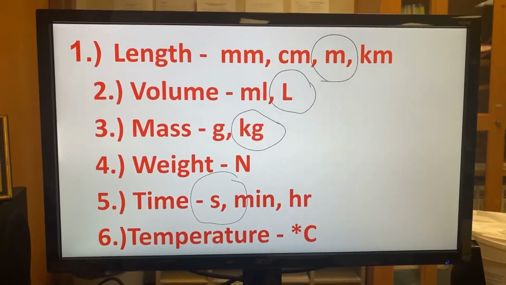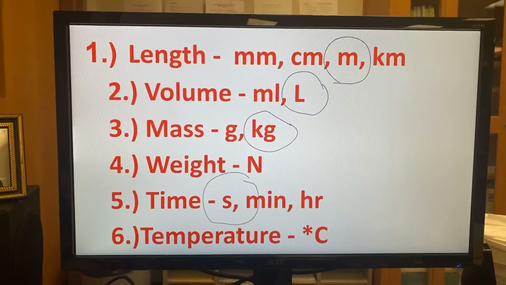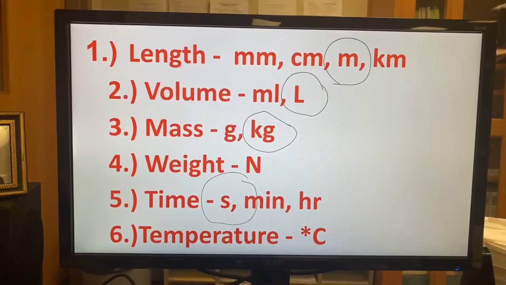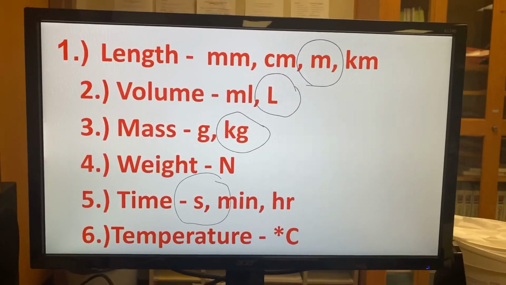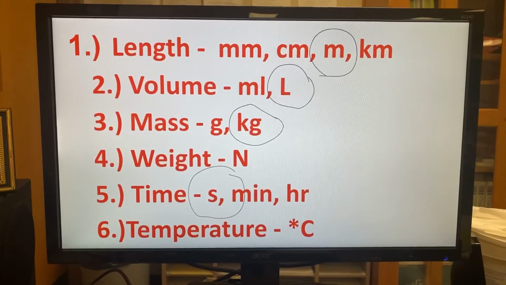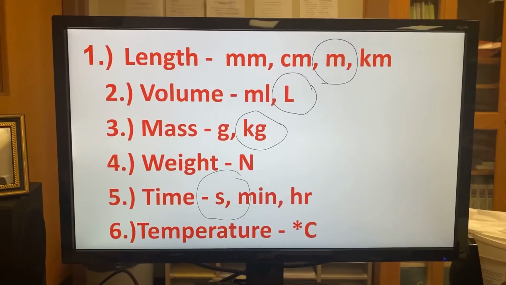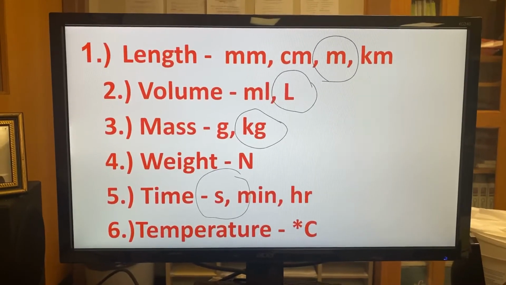But if I'm going to go on a cross-country trip across the nation, obviously I'm going to use kilometers. If I'm going to buy milk, I'm going to talk about liters. If I'm going to talk about smaller amounts, I'm going to talk about milliliters. So the unit will be respective to the amount that we are using or the amount that we have.